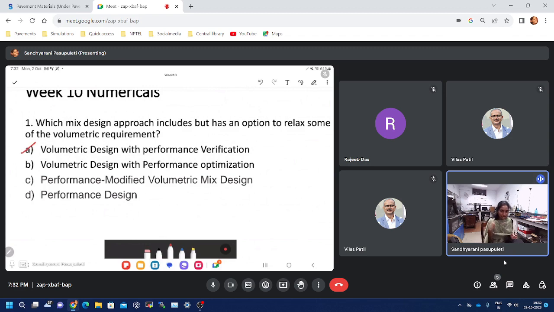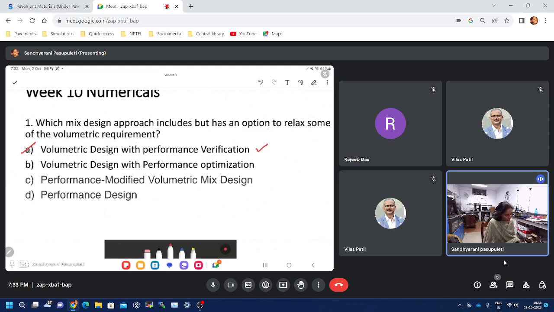After that, using the same OBC, we will be preparing the specimens and then cutting and patting. If that is satisfying, that's it. Whatever OBC we have determined using the Marshall stability, satisfying the volumetrics, that would be our final OBC. That is approach A, which is very direct and conservative. And here we cannot actually modify or relax any of the volumetrics.